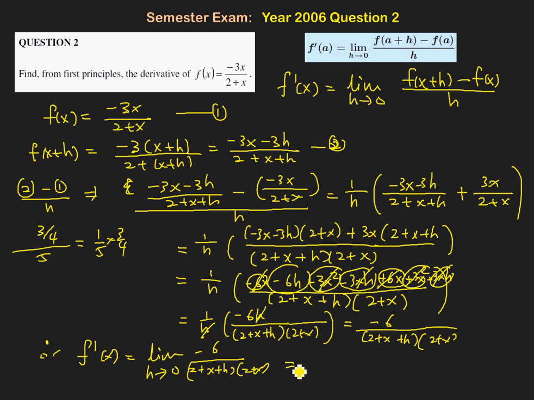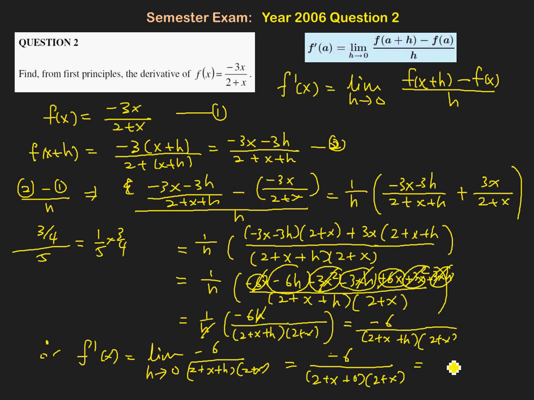So after you substitute, no need to write this limit anymore. It's going to be -6 over 2 plus x, you're going to substitute the h by 0, so plus 0, 2 plus x, and finally 0.